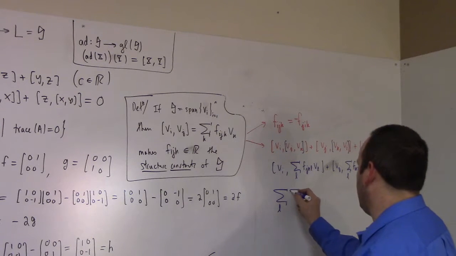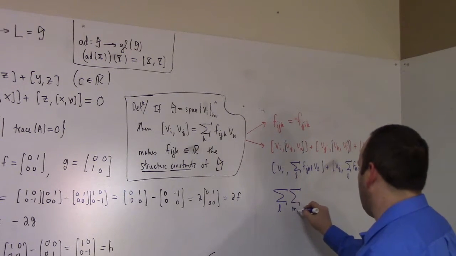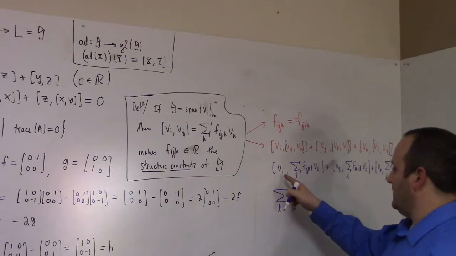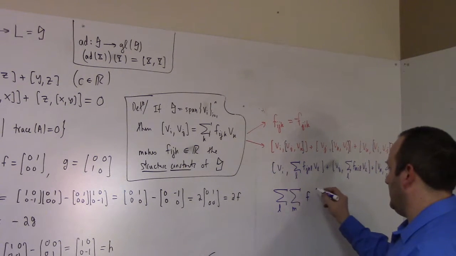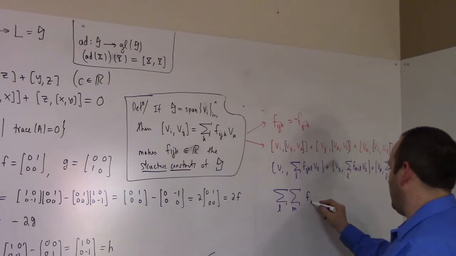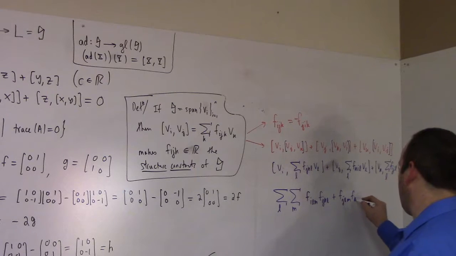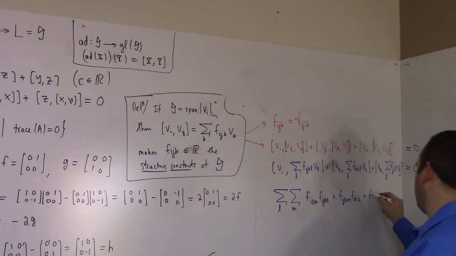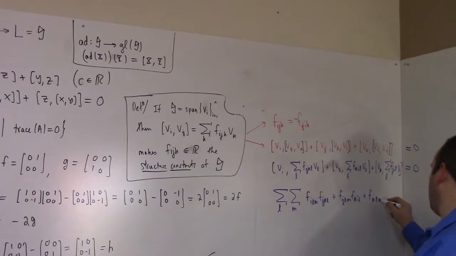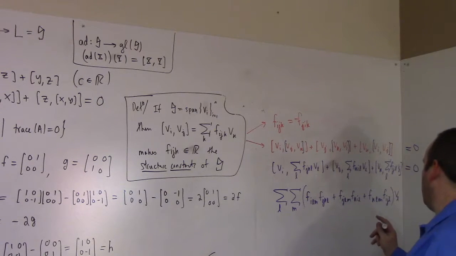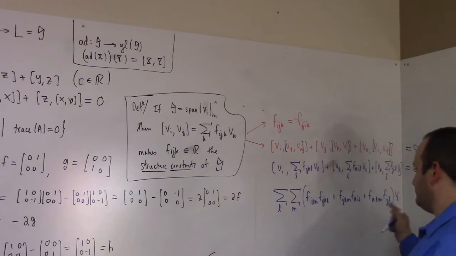And then you'd have a sum over, let's say, M. I think I can see it from this step now. So this one would give me f_iLM f_jkL plus f_jLM f_kiL plus f_kLM f_ijL, times V_M.